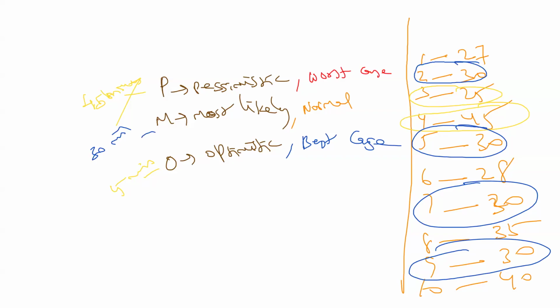So now, based on these 3 time estimates, pessimistic, most likely, and optimistic, we are going to calculate the time or cost estimate, the expected value. Expected value is P plus M plus O divided by 3.